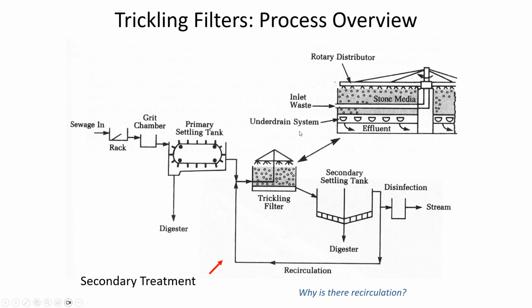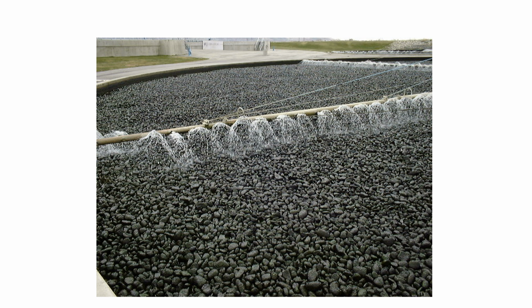So the flow rate through the trickling filter includes the flow that's coming in from the primary clarifier and then also the recirculation flow. So secondary treatment here is just providing a location for the microorganisms to do their thing.